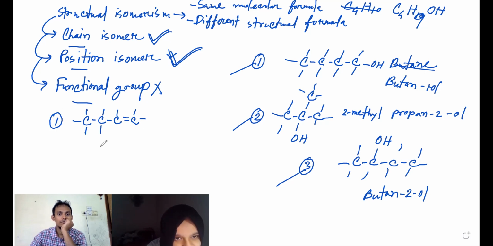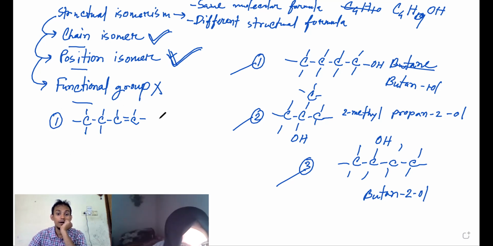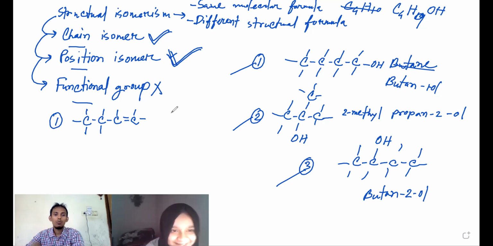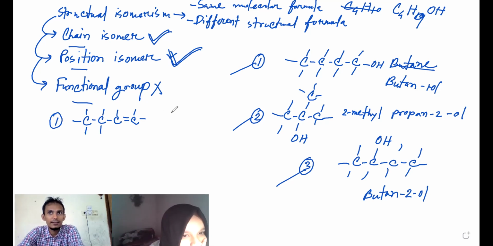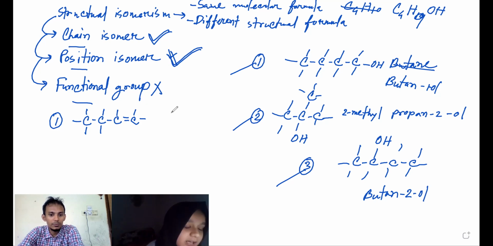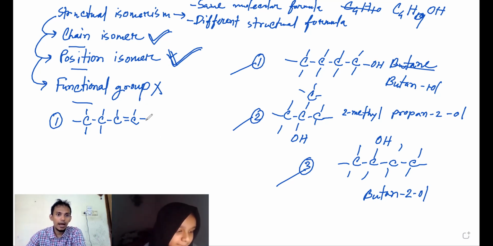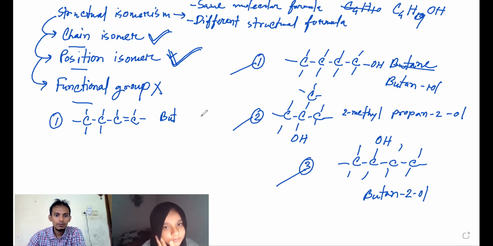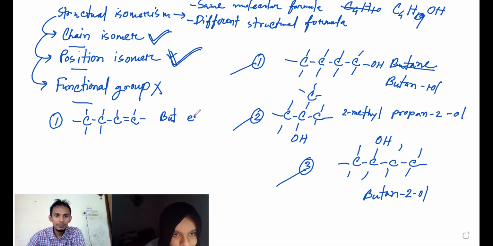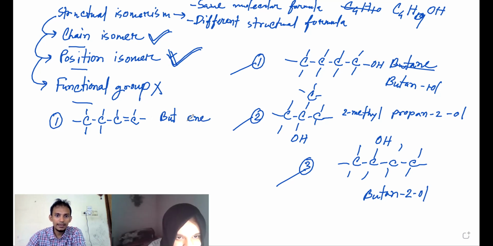What functional group is this? First tell me. Alkene, right? So how many carbons are present? 4 carbons present. So it is but-, right? Yes. And it is butene, but this double bond, in which carbon position?